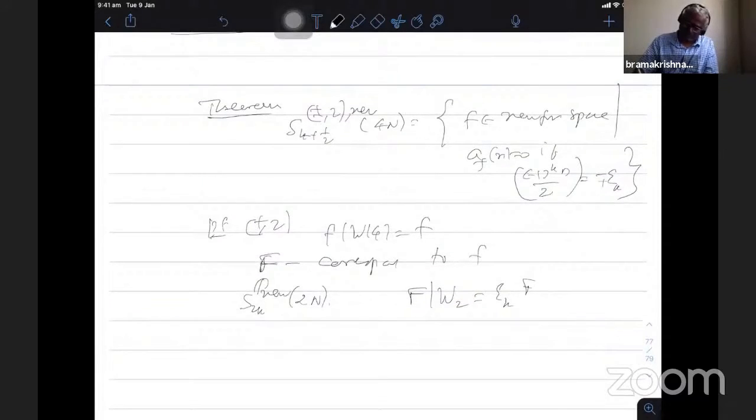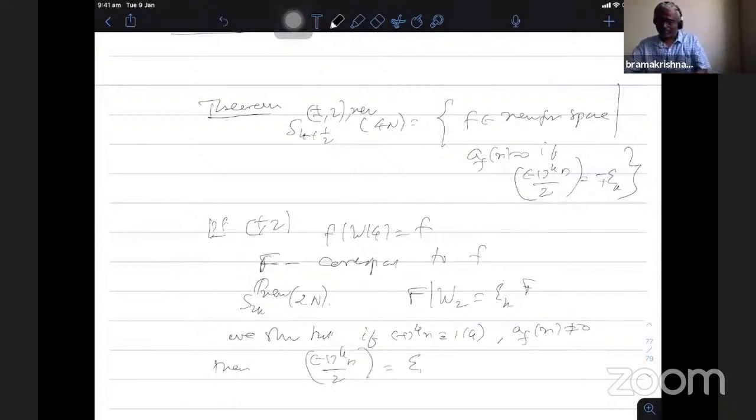Therefore, we show that if (-1)^k n is 1 mod 4 and a_f(n) is non-zero, then (-1)^k n/2 is ε_k. Whenever the nth coefficient is non-zero, we show that the symbol value is ε_k. That means the coefficients vanish whenever it is −ε_k. Okay, so that's what we show.